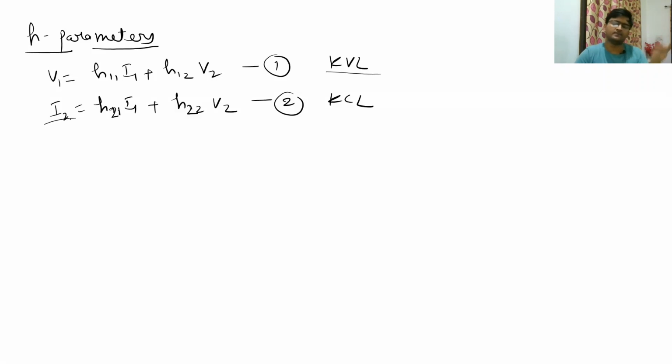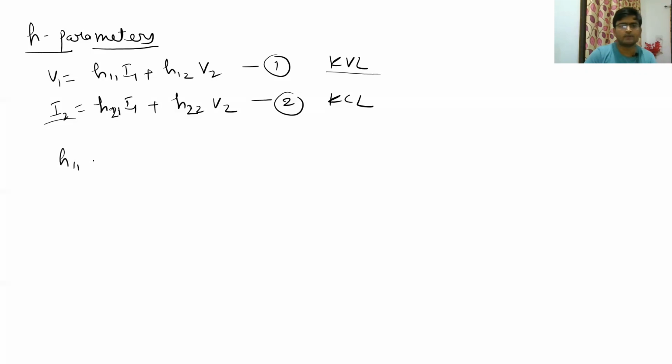In the previous cases, we were finding either only impedances or only admittances. Here we are going to find a mixture of them, either impedance or admittance or a combination of them, which we can call unitless.